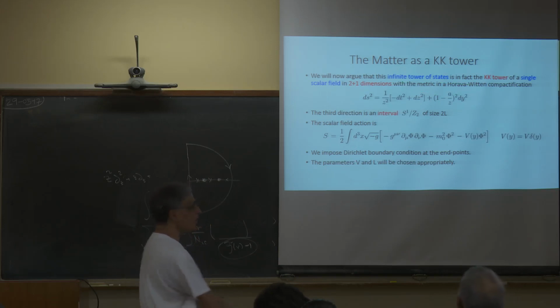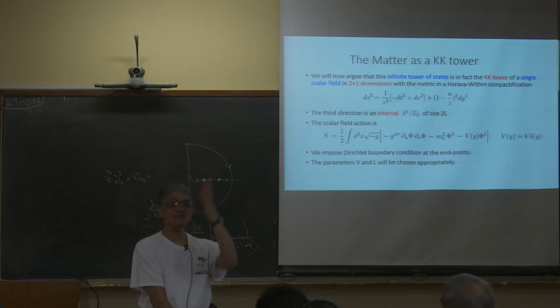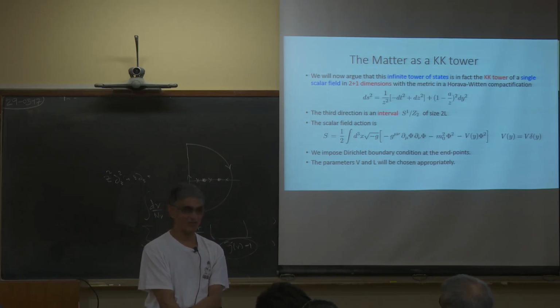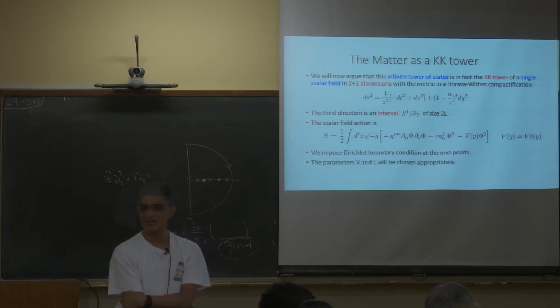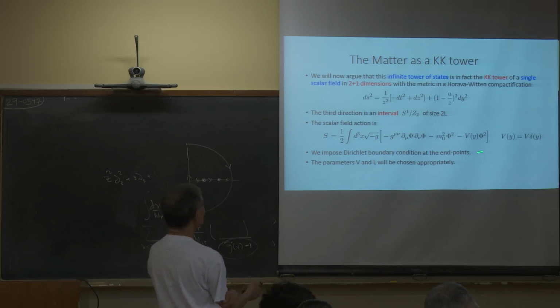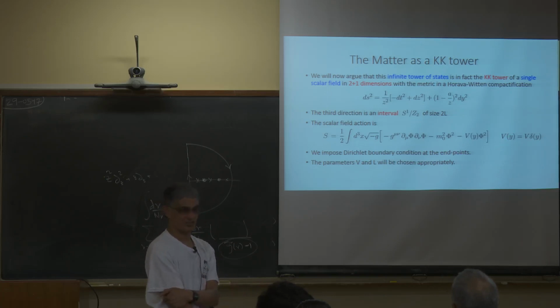So our starting point is to say that this infinite tower of modes is actually a Kaluza-Klein tower, which comes from 3 dimensions. We said that in the 2-dimensional AdS2 theory, there are an infinite number of normal fields with normal derivatives, and what I am going to argue is that that infinite number is actually a Kaluza-Klein tower from a 3rd dimension.